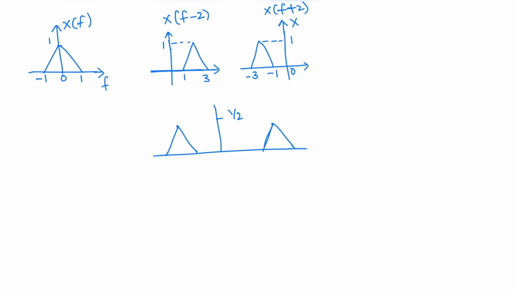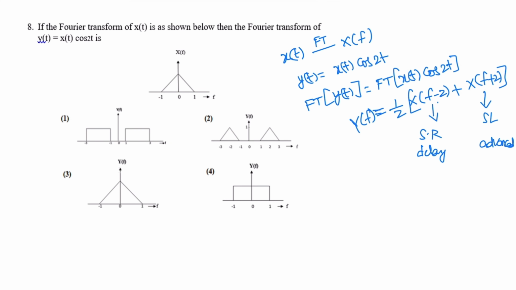This is the frequency axis, with points 1, 3, 0, minus 1 and minus 3. So this is the resultant signal: X(f minus 2), X(f plus 2), advance signal, delay signal, shift right or shift left. So the correct option is 2.